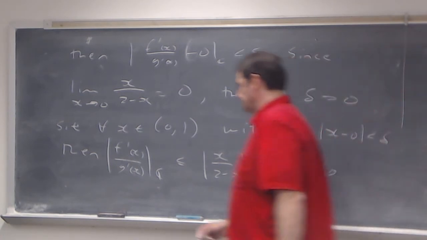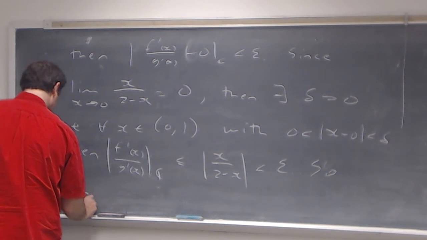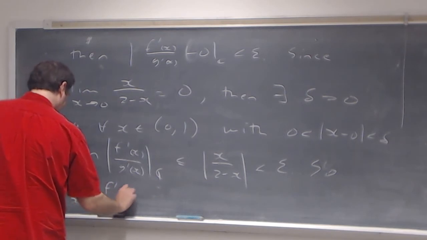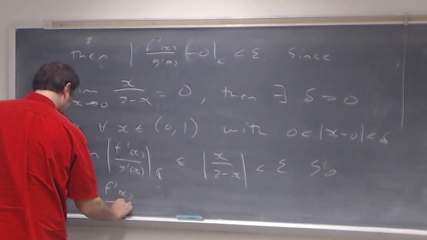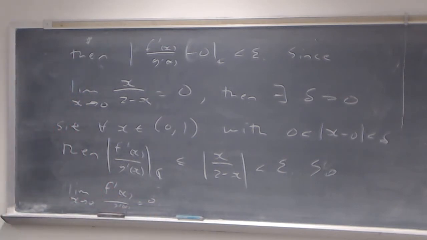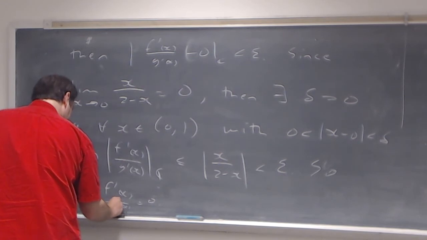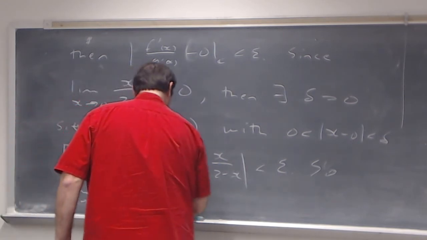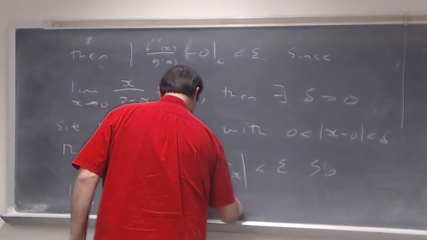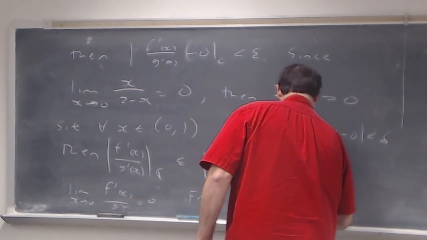So that says that the limit as x goes to 0 of f prime of x over g prime of x, that part's equal to 0. Now, this work here says that L'Hopital's rule doesn't hold for complex functions. This is g prime here.